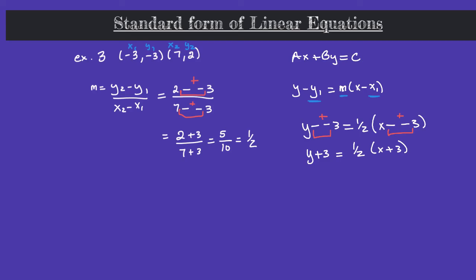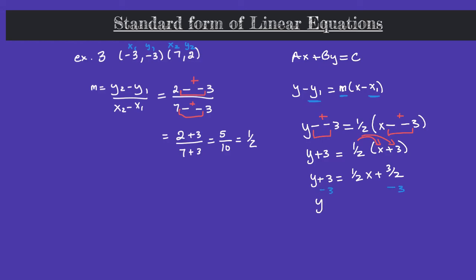Now we have a point slope form, and we can go ahead and write this equation in standard form. We're going to start first by getting rid of the parentheses on the right hand side. So we can distribute the 1/2 to both of the terms inside the parentheses in order to do that. So y plus 3 is equal to 1/2 x plus 3/2. And now we want to get our variable terms to one side and our constant terms to the other. The way we're going to do that is subtract 3 from both sides.